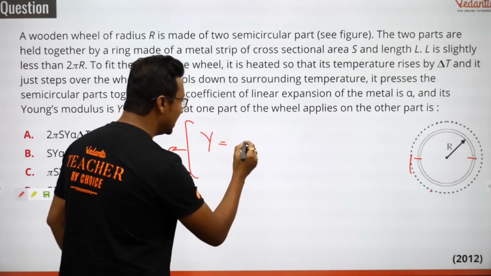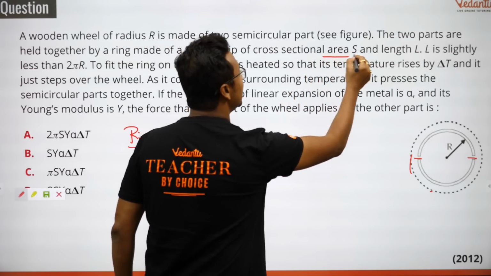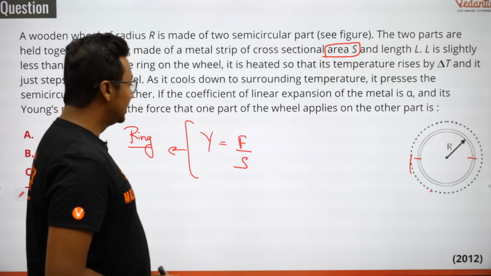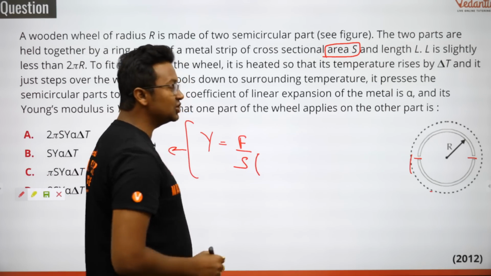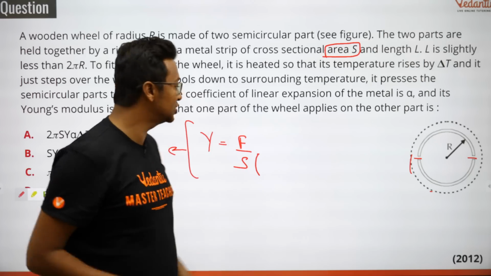I can write it as F upon S, because the cross-sectional area is S, divided by the change in its length. What is the length of the ring that is supposed to change?